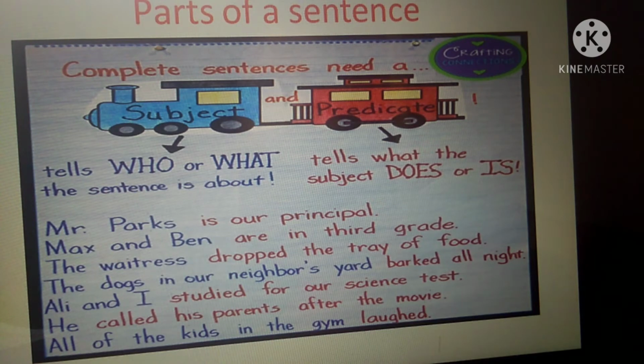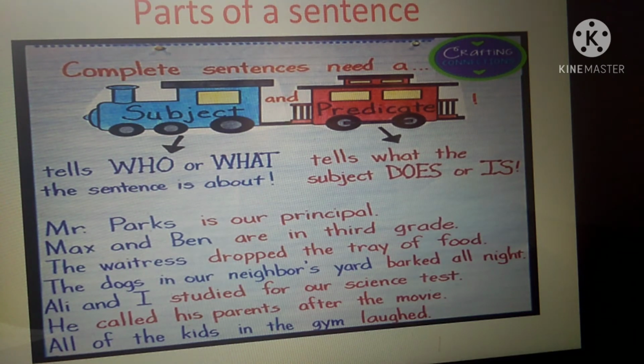The dogs in our neighbor's yard barked all night. Whom are we talking about? They are the dogs in our neighbor's yard. We are not only talking about the dogs. Which dogs? Those particular dogs that are in our neighbor's yard. So the dogs in our neighbor's yard is the subject, and what it did? It barked all night.